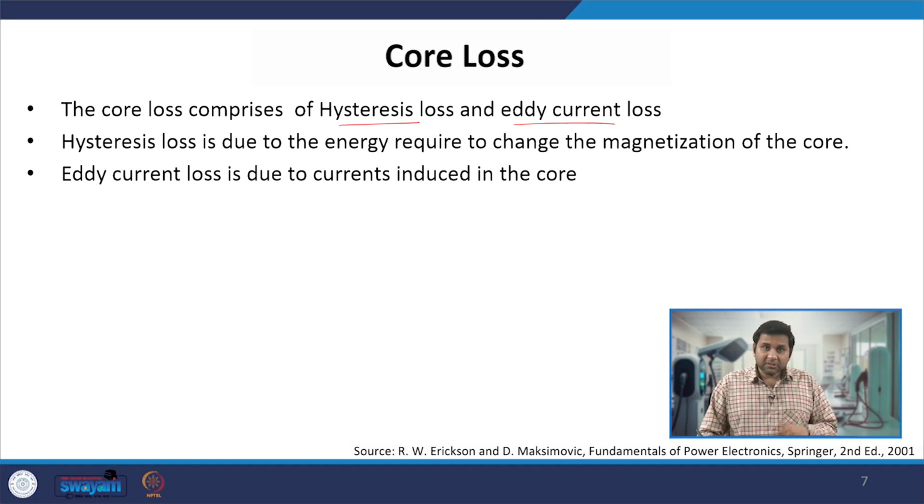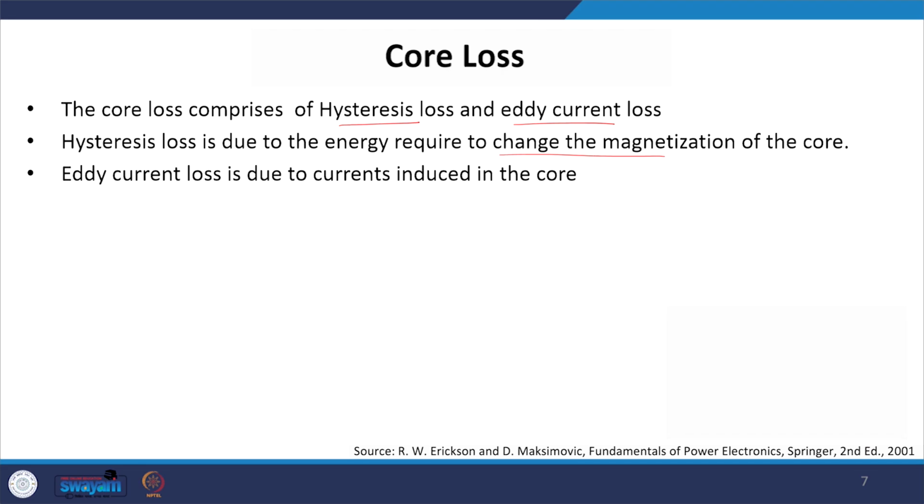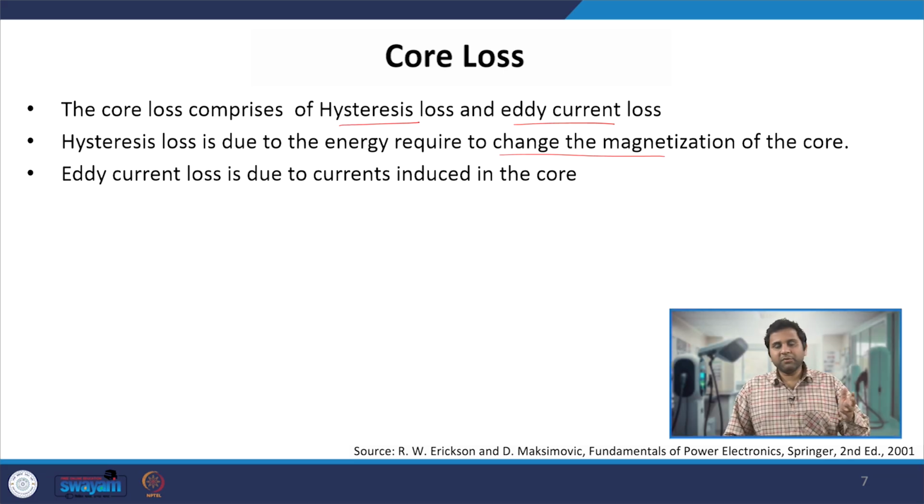The hysteresis loss is due to the energy required to change the magnetization of the core. What I mean by that is, let us say you have a magnetic core and you have applied a magnetic field in one direction, so the magnetic domains will align themselves with the field. Now when you change the external field direction, the magnetic domains rotate, and because of that rotation it requires some amount of energy.